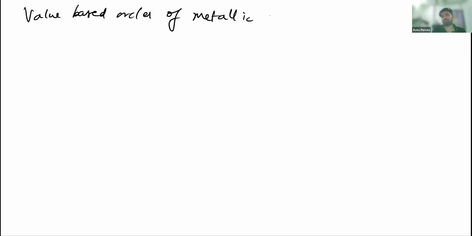Now the next topic is value based order of metallic and ionic radii of S block elements.